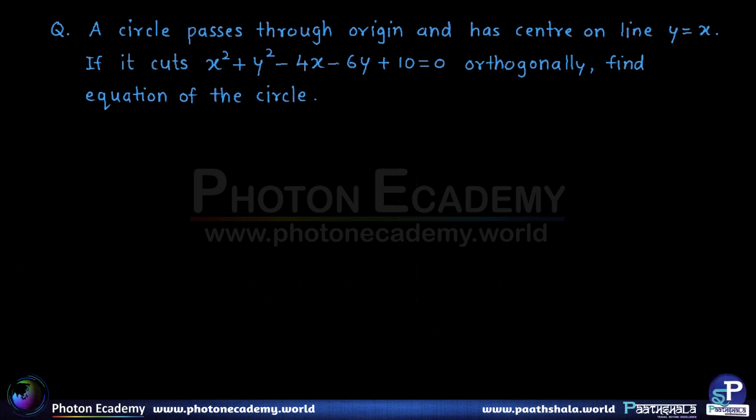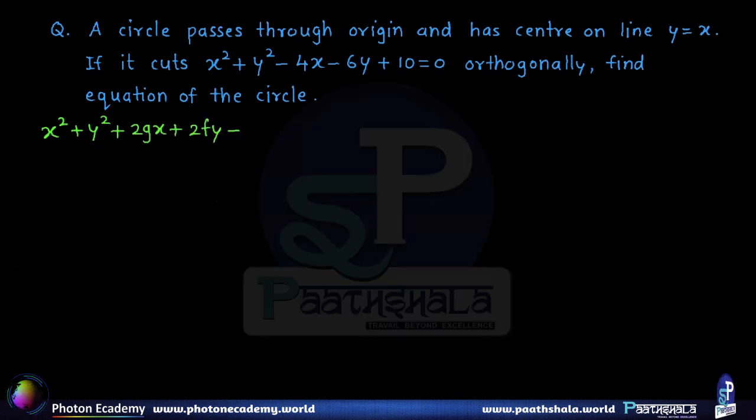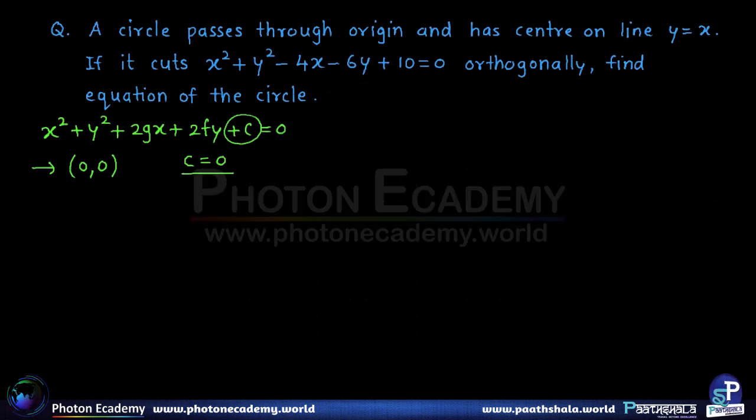Now let us assume the equation of the required circle in the general form, that is x square plus y square plus 2gx plus 2fy plus c is equal to 0. Now since it passes through the point 0, 0 which is origin, it means that the constant term has to be 0, because only then the origin will satisfy the equation of the circle.